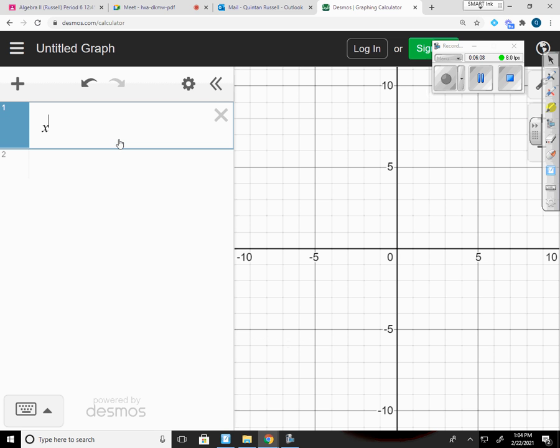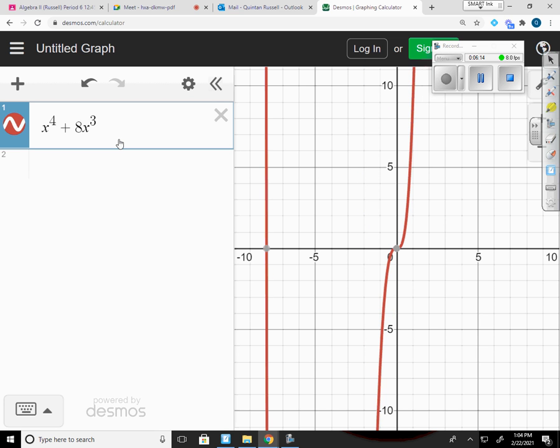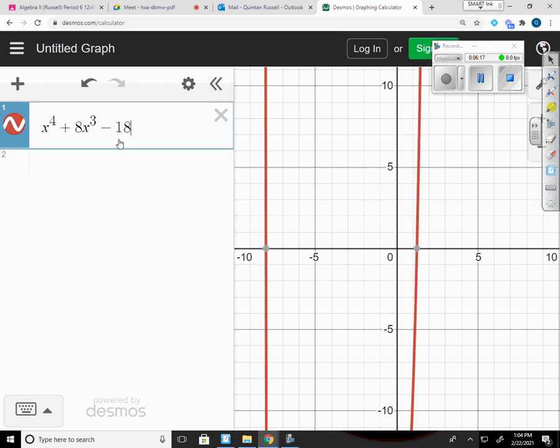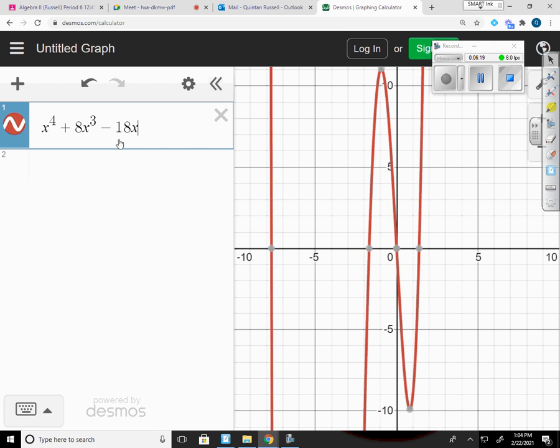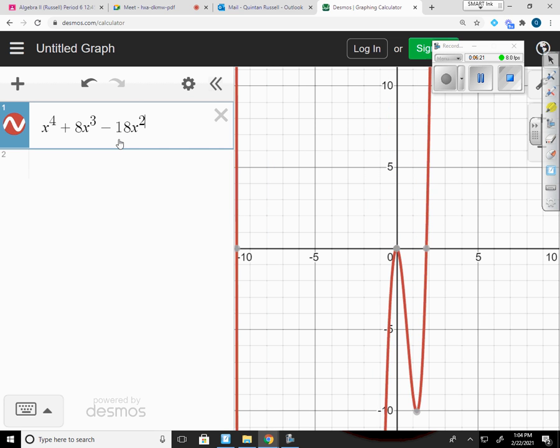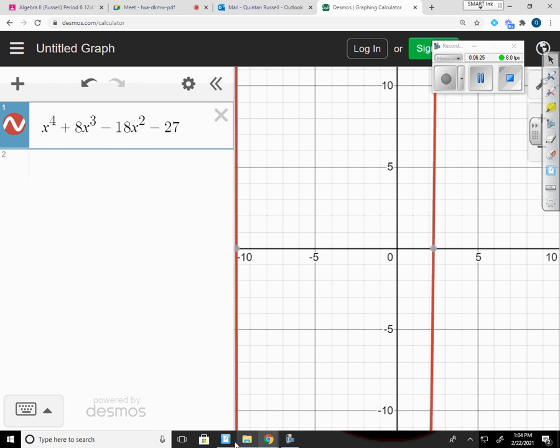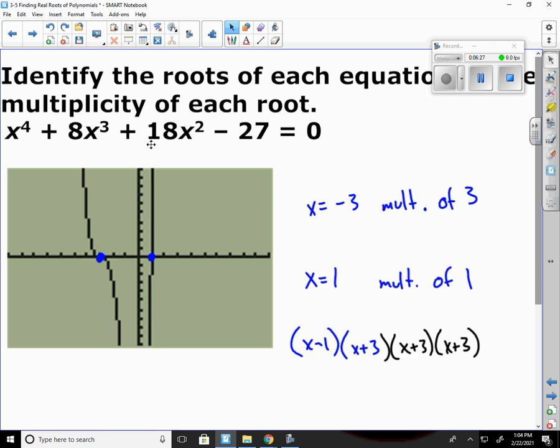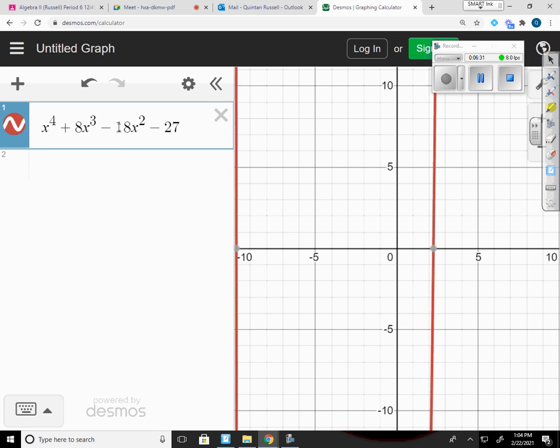Let's see how good my memory is. Plus 18x squared. Close. Not quite.